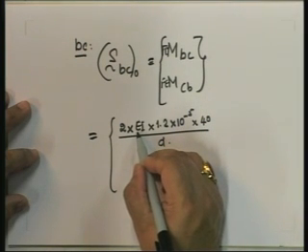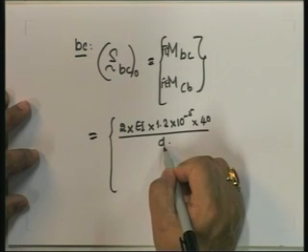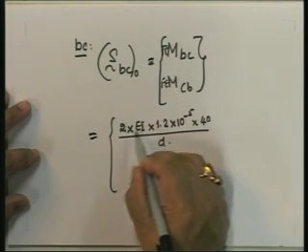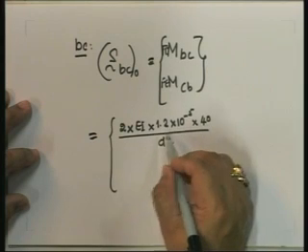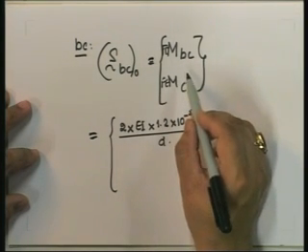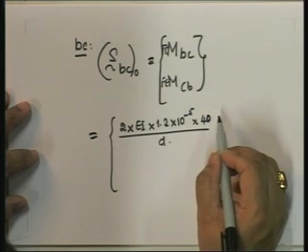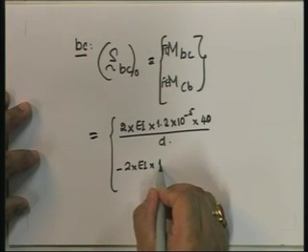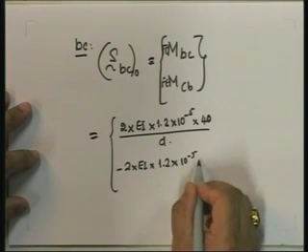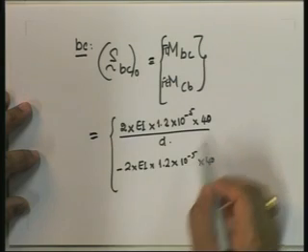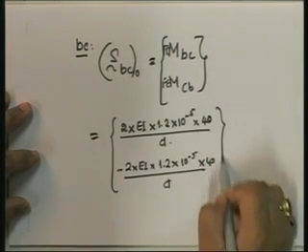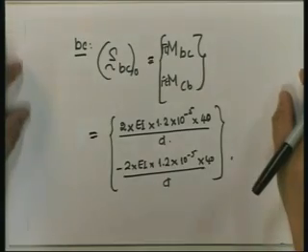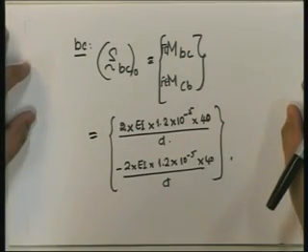EI is Newton meter squared, Newton meter squared divided by meter is Newton meter per radian, and that is the unit of the moment. So the units are consistent, and this becomes 2 into EI into 1.2 into 10 to the power of minus 5 into 40 upon d. So in this particular case, instead of the 100 kilonewton force, you essentially have this moment.